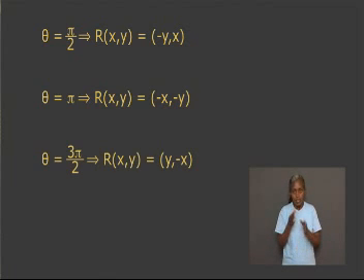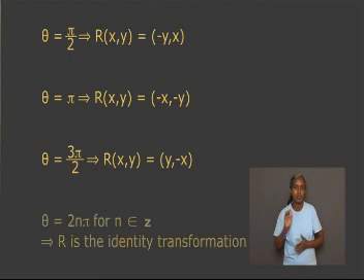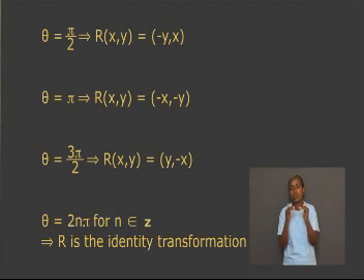If the angle is equal to 3 over 2 pi, or 270 degrees, they become y and negative x. If the angle is equal to 2 pi times any integer, the rotation is the identity transformation.